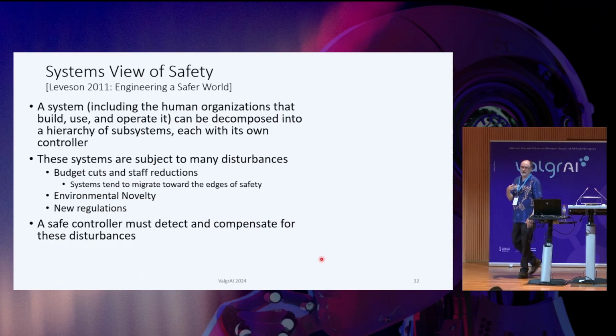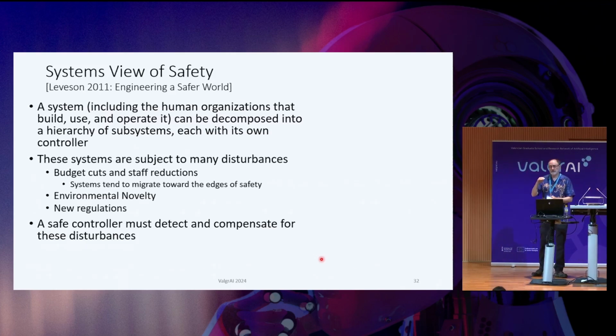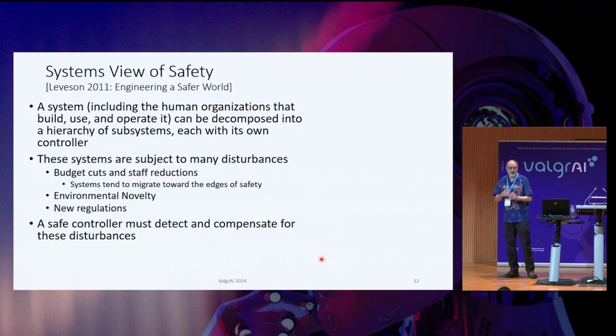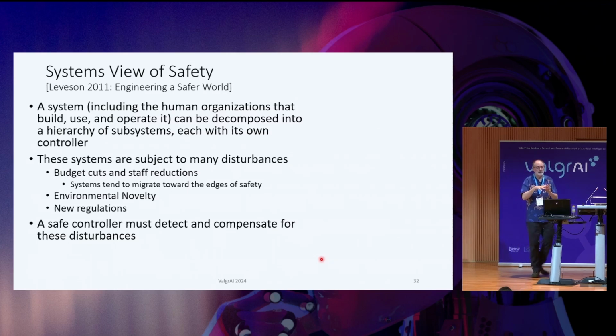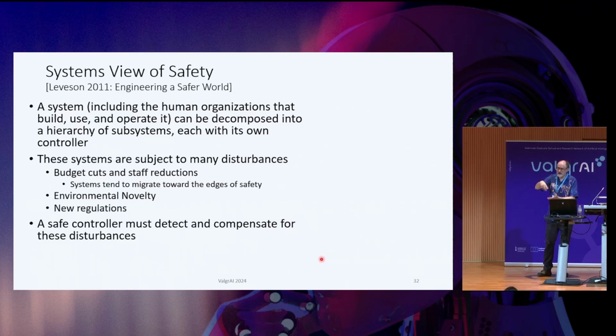I think the most important book that has been written on safety engineering in the last decade or so is Nancy Leveson's book from 2011, Engineering a Safer World. And her viewpoint is that a system, including the human organizations that build and use and operate it, can be decomposed into a hierarchical set of systems and subsystems, and each of them is viewed as trying to solve a control problem.